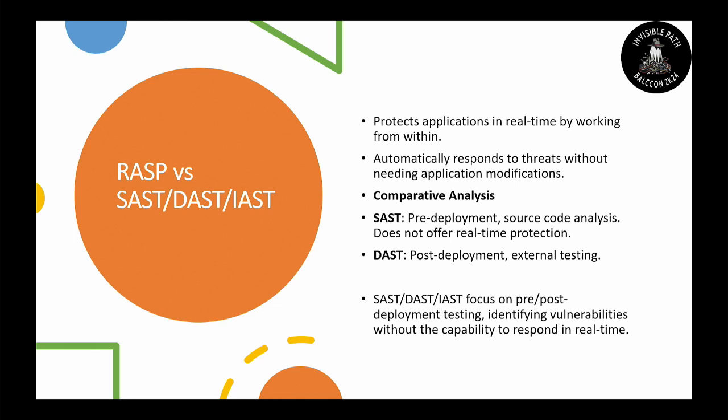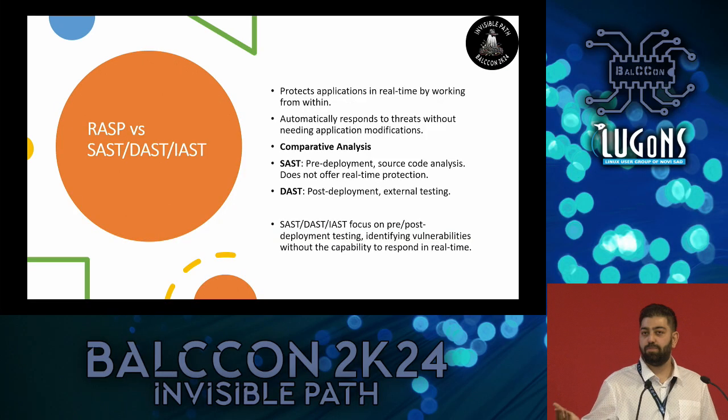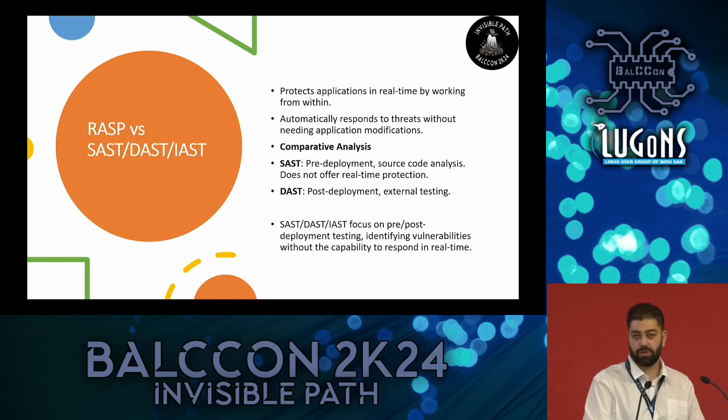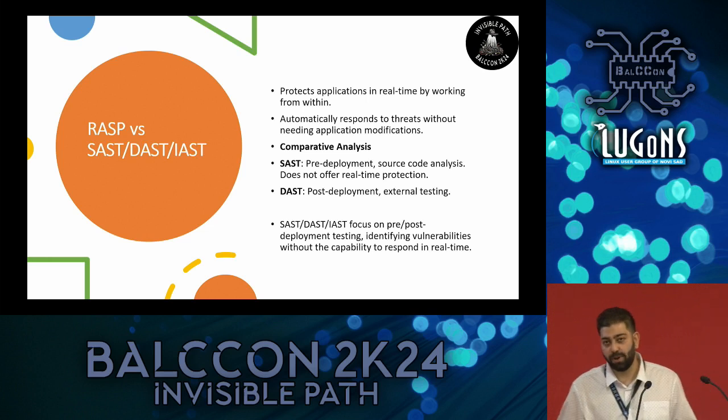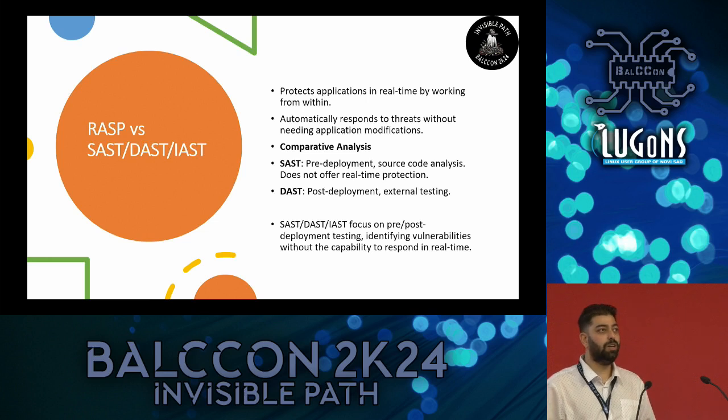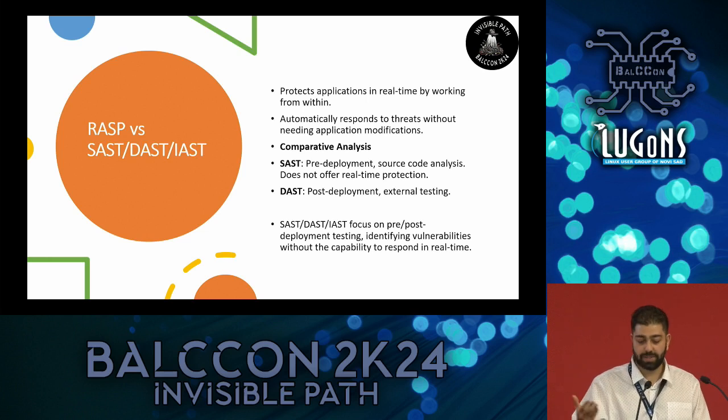SAST is good for pre-deployment and fit for source code analysis, and doesn't offer real-time protection while RASP does. DAST is a post-deployment solution, good for external testing as part of a security assessment, penetration testing, or your AppSec policies.